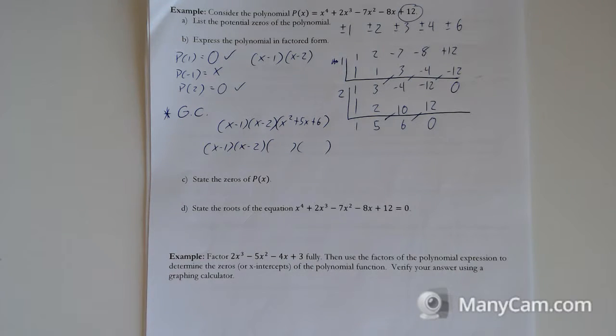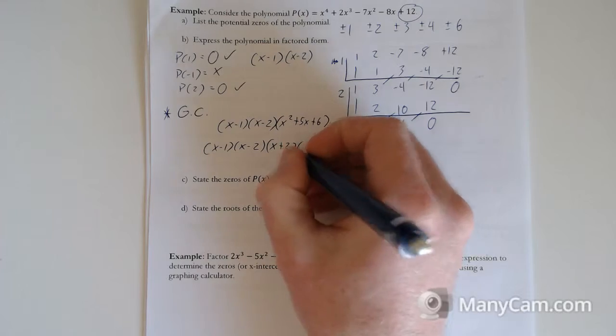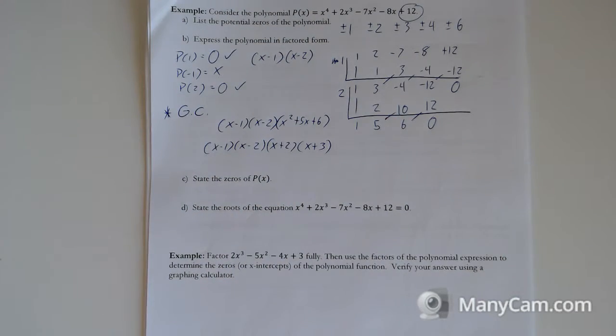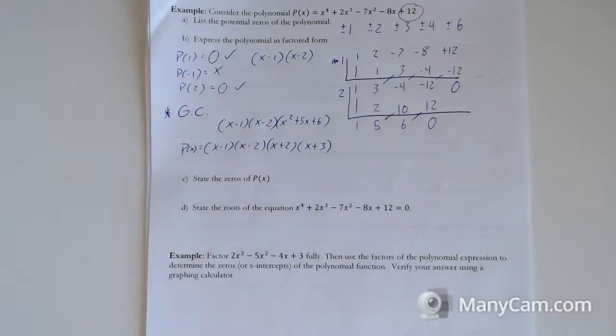Multiplies to 6, adds to 5 is 2 and 3. X plus 2 and x plus 3. Good. And that's it. That's all the hard work.